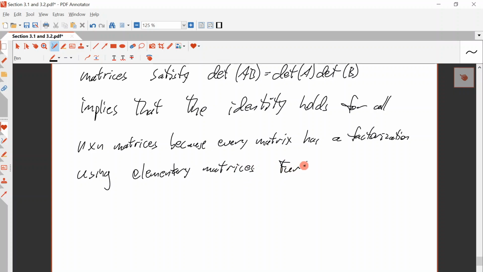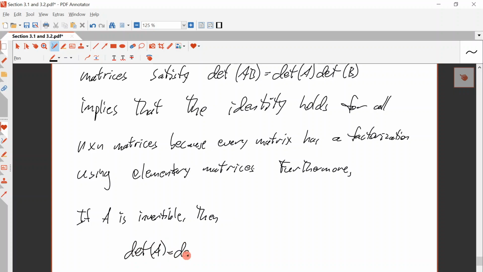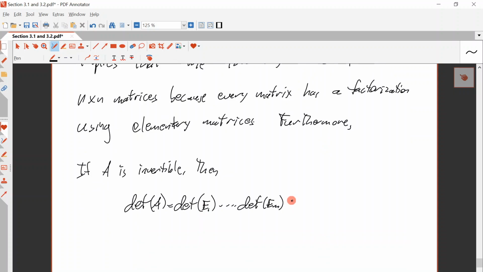Furthermore, if A is invertible, then the determinant of A is equal to the product of the determinants of elementary matrices, each of which is plus or minus 1 or plus or minus k for a non-zero k.